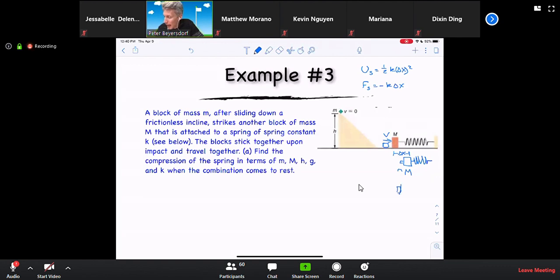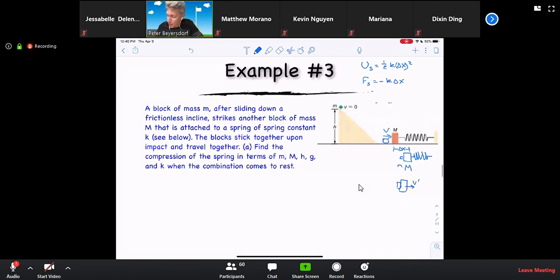And then just after the collision, I'm going to consider both blocks moving at some common velocity v prime. And I can use conservation of momentum during the collision to relate v to v prime. And then once I do that, I can use conservation of energy as these moving blocks going to the right transfer their energy to the spring. Okay, so that's how I'm going to approach this problem.